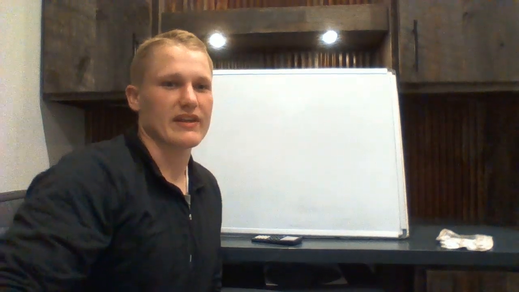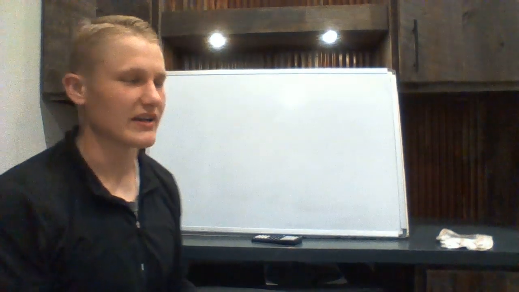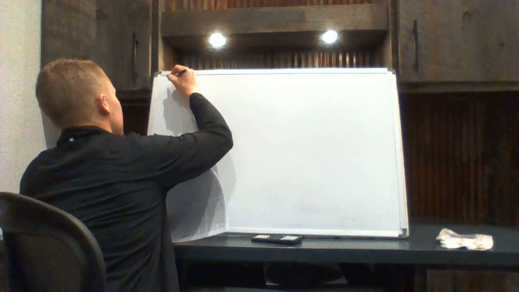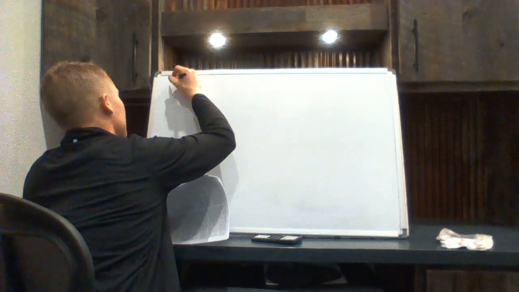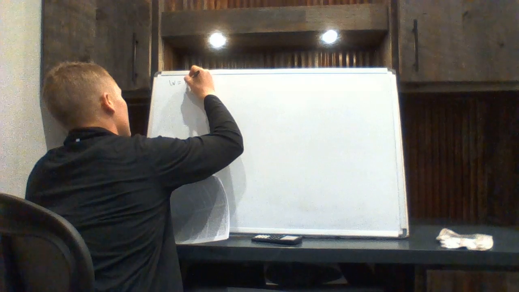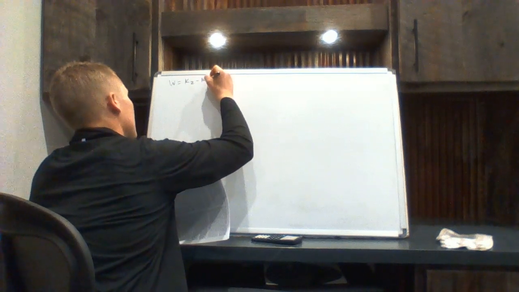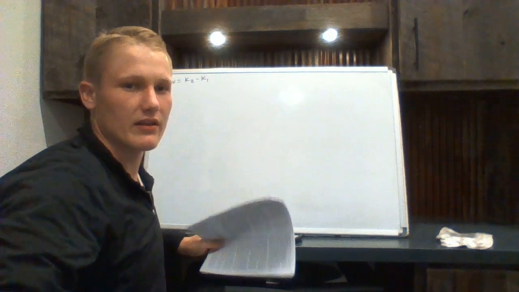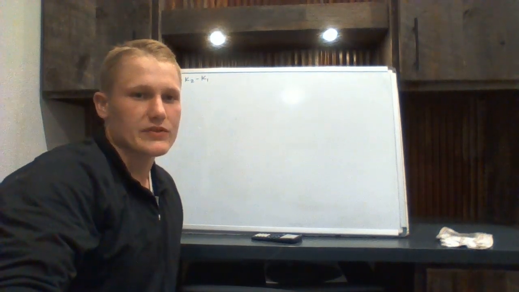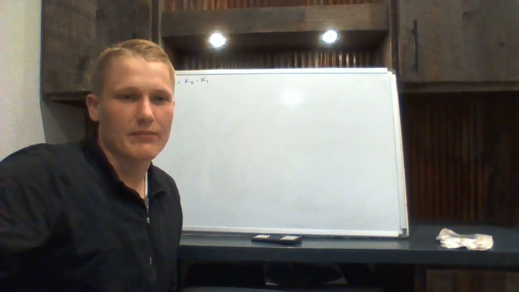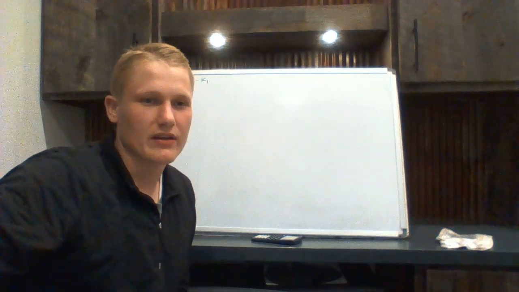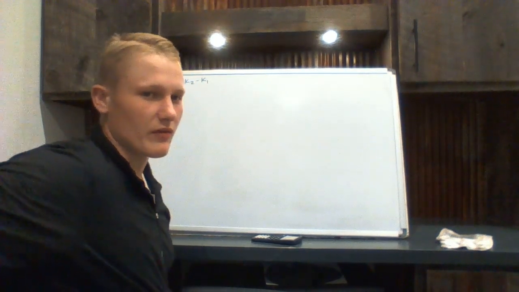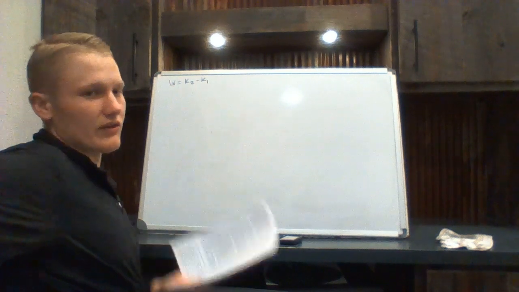So what we'll start with is work equals Kf minus Ki. So the work done on the box would be the work of the weight and the work of the friction.